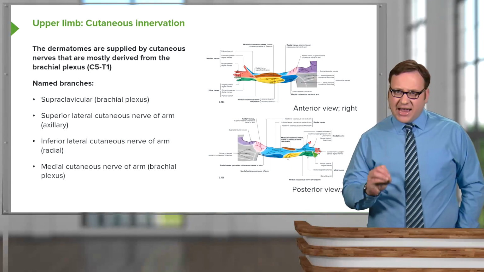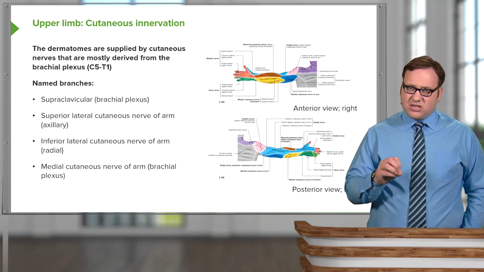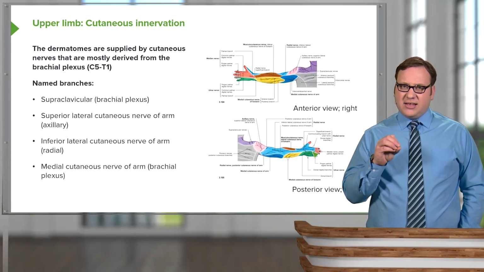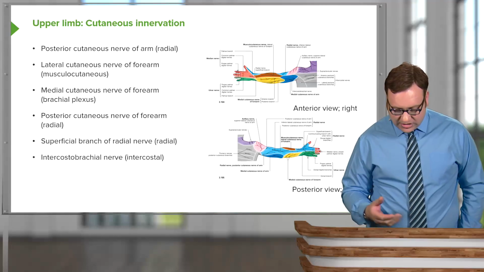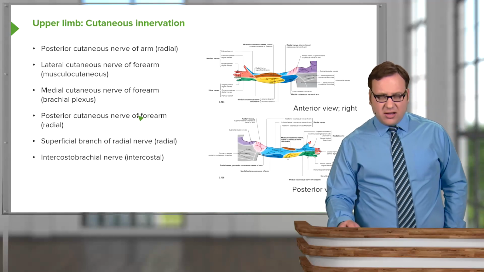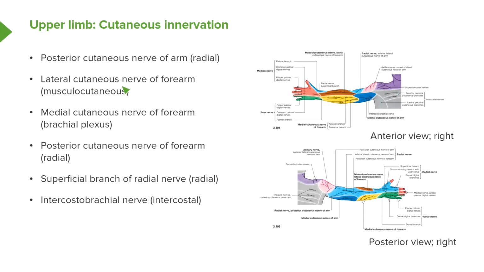So these are the actual nerves that supply the dermatomes, that give the dermatomes their sensory distribution. We can see more details coming down on the screen on this side. Posterior cutaneous nerve of the arm, a branch from the radial. The lateral cutaneous nerve of the forearm. Medial cutaneous nerve of the forearm.